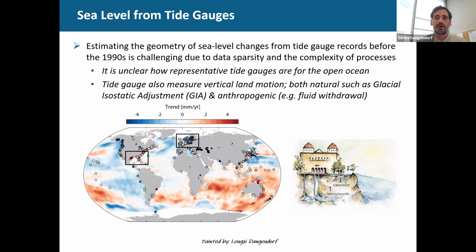Due to the withdrawal of fluids, the ground can be compressed. This leads to subsidence, meaning vertical land motion that is measured by the tide gauge. So these are the two processes, and that complicates the whole process of estimating sea level changes with tide gauges, because we have a different type of measurement.